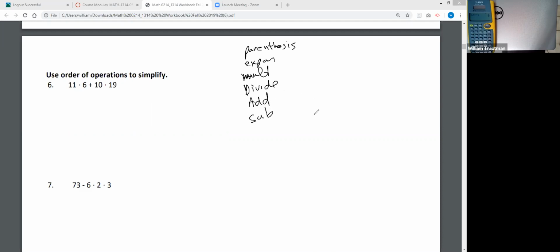I'm kidding about the 1,000,000 bonus points. Okay, here we go. Let me write down the problem. 8 divided by 4 times. Type in your answer. Go.